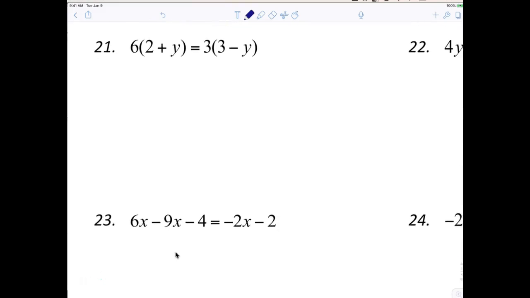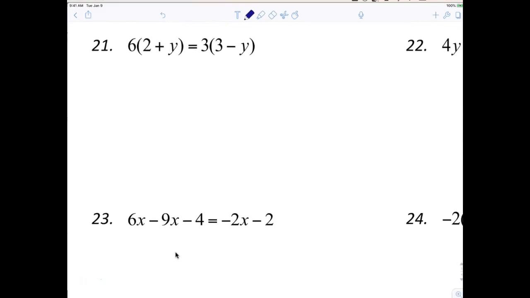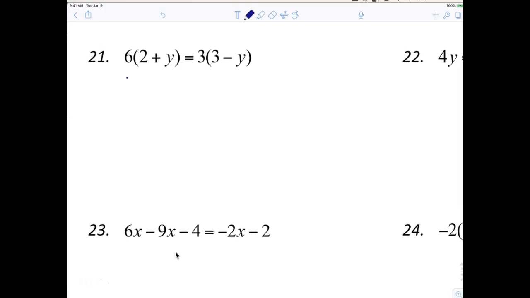All right, 21. So it would be 12 plus 12 plus what? 6. Yes, equals 9 minus 3. Very good. And you subtract 6.